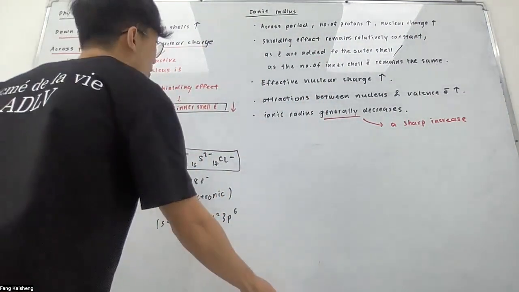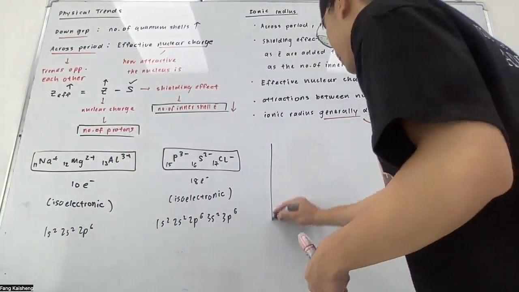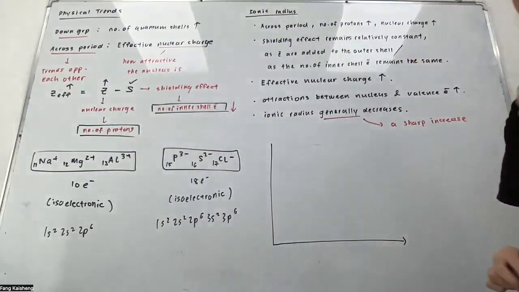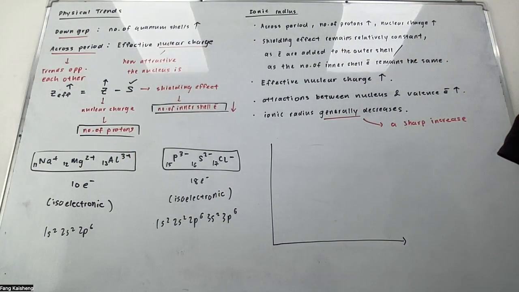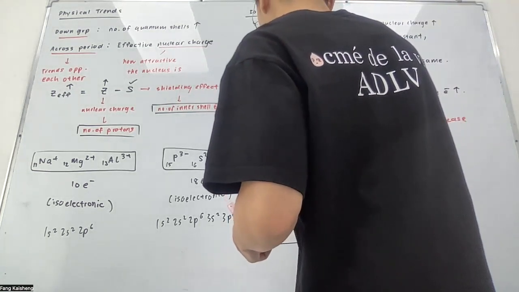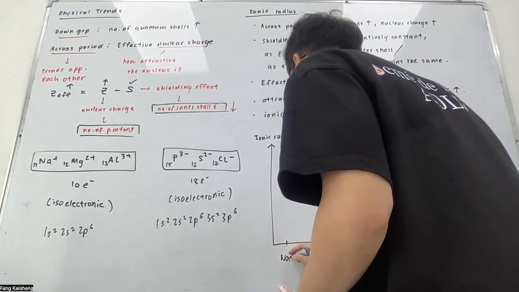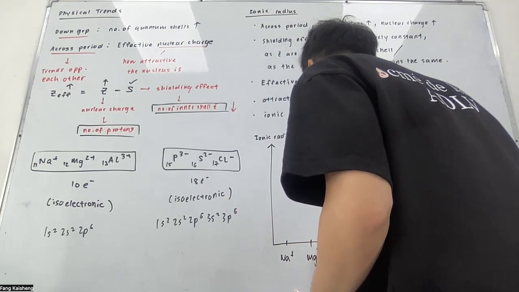In order to do this part, what I need you to do is to draw a graph. Let's draw a graph like this, because you may be asked to plot this graph, and if you don't know your content, you're going to lose marks on the graph also. So over here, I need you to plot all the ionic radius. And over here, we're going to use Na plus, Mg2 plus, and so on and so forth.